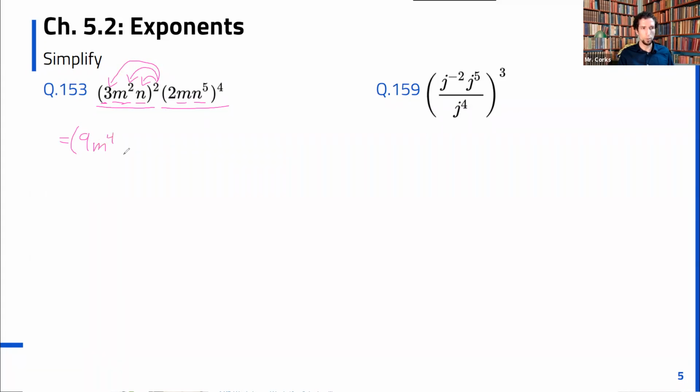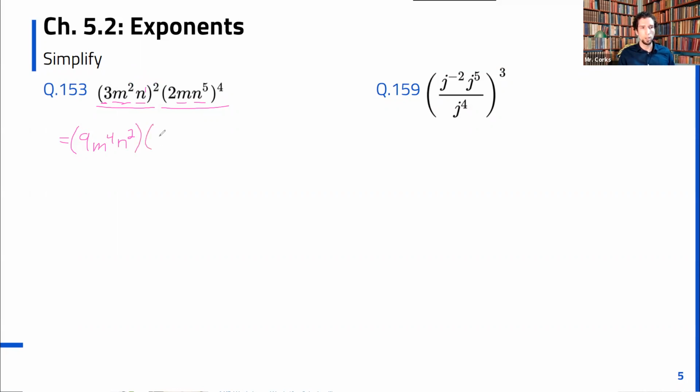So m to the exponent 4. What is our n term here? 2. It's a square because we understand there's an exponent 1 on the n here. We don't write that, but we know it's there. 1 times 2, so n squared.